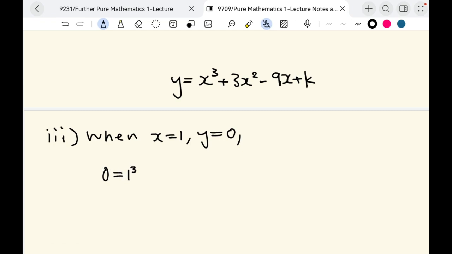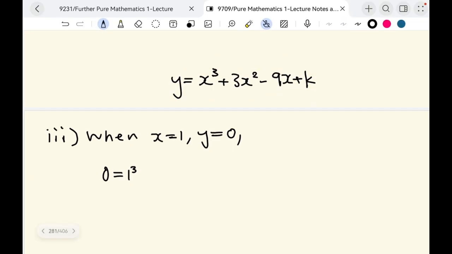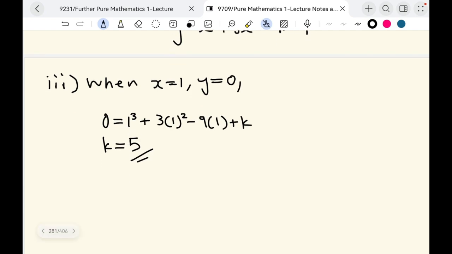So this is more likely to say you get the indefinite integral and this is your constant that must be added. Yeah. So do it like this. So the first k value obtained is 5. Okay, let's find out the second one.